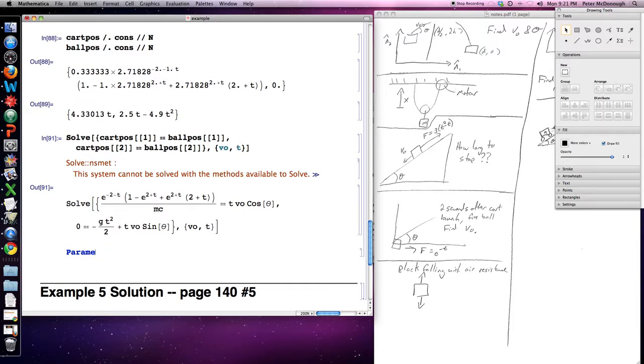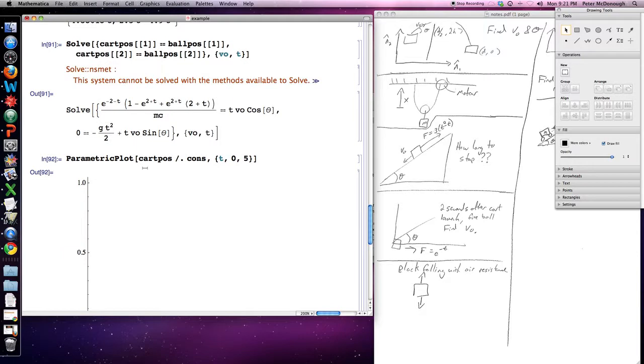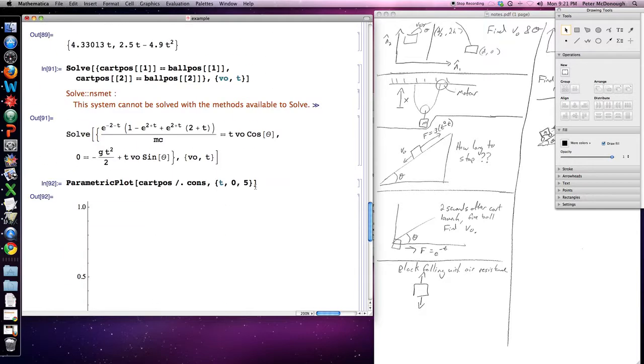Alright, so in these situations, I usually plot my system to see if there's some issue. A parametric plot. I want to plot my cart position /. the constants /. t, comma 0, comma, let's say 5 seconds. Alright, so there's my cart. Let's see, I think we can do line style. I think this will make the line thicker, maybe.